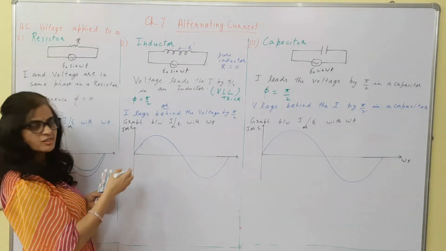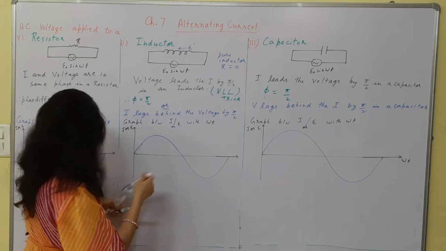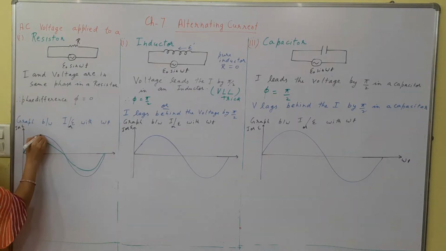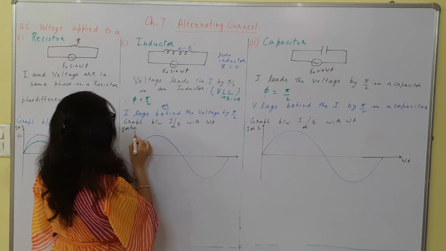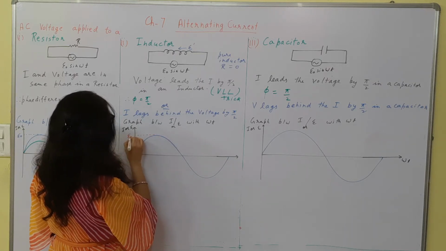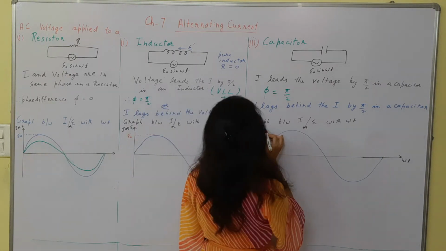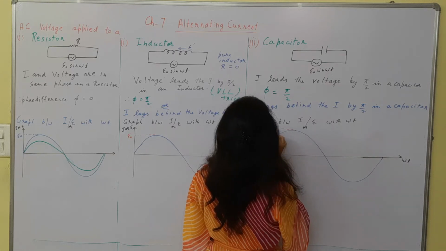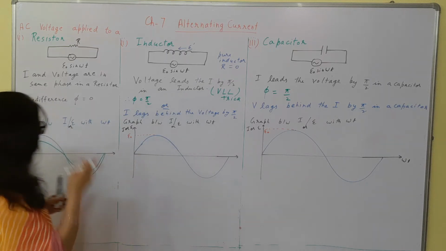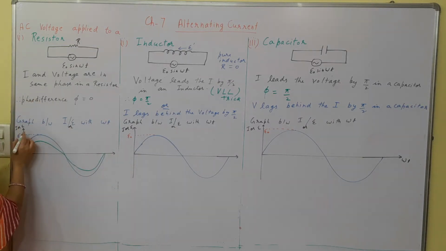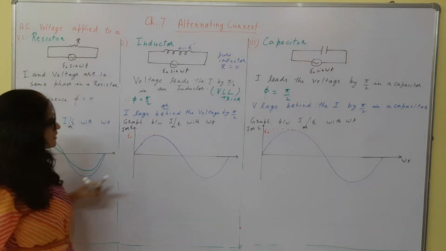So sinusoidal graph starts from 0. So we can say in all the three cases, this value is the maximum value of voltage or the peak value of voltage. In this case also, this is the peak value of voltage, right? And we are talking about the current in this case.